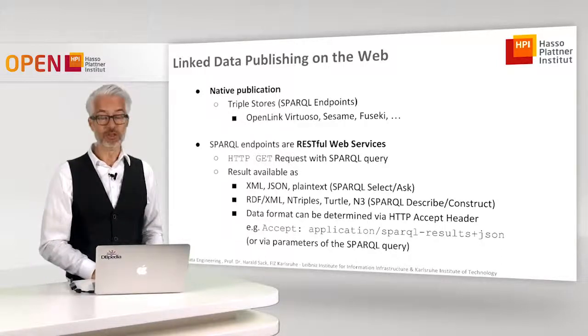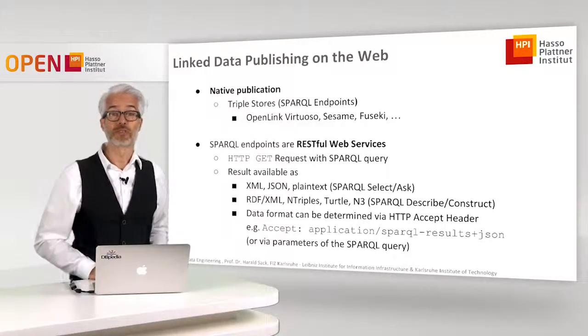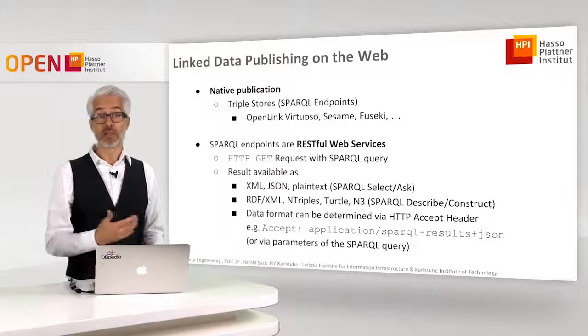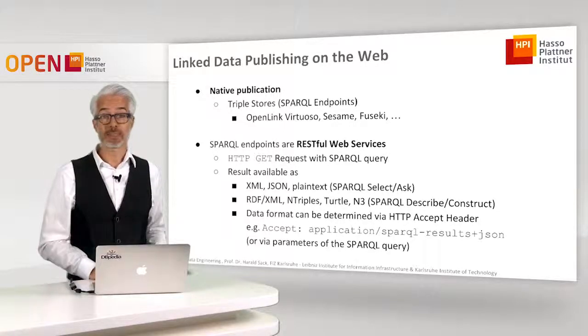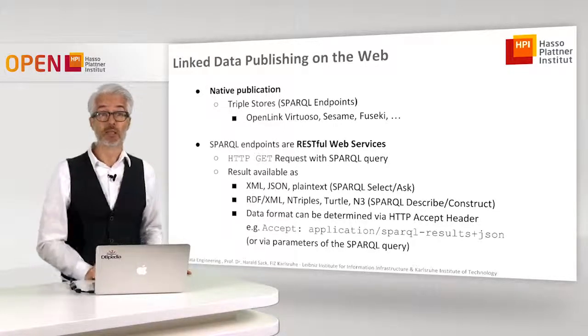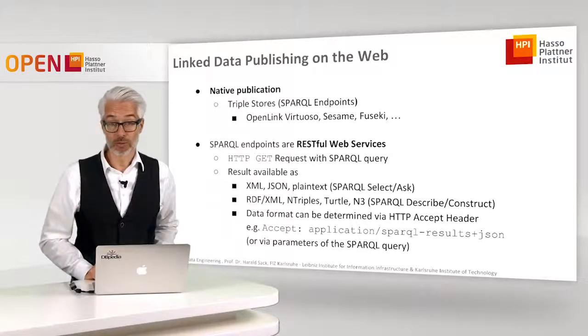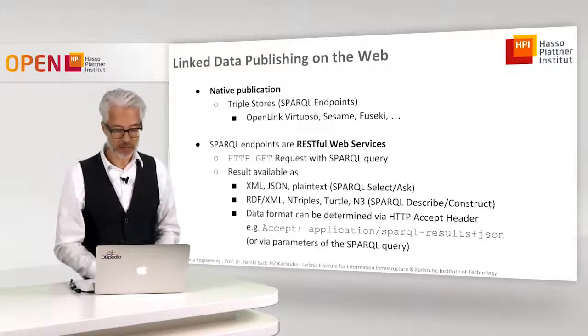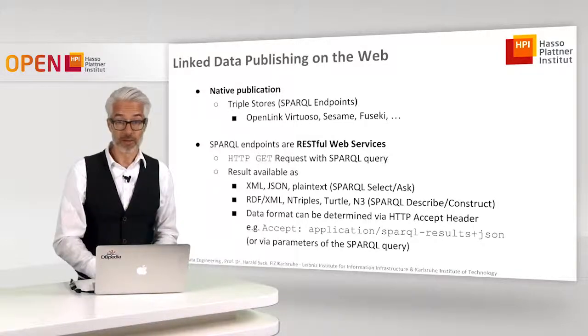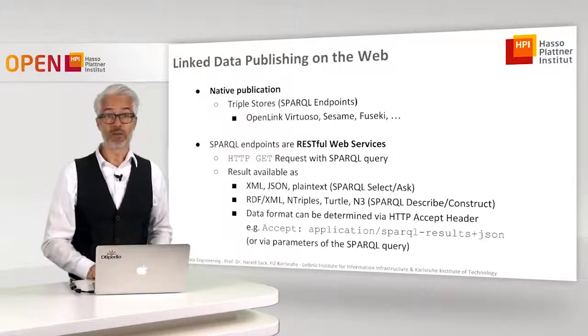And to determine which format should be delivered back, you simply use the appropriate accept header that you send in your HTTP GET request to the SPARQL server. But we have already talked about that. This is only a repetition of the already learned facts on how to deal with the SPARQL endpoint.